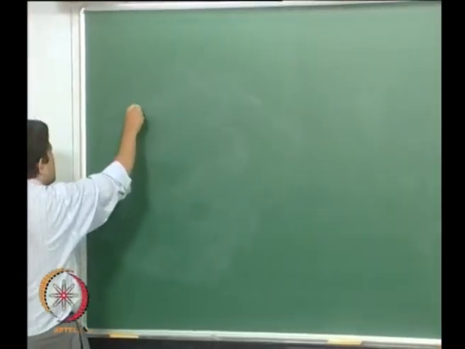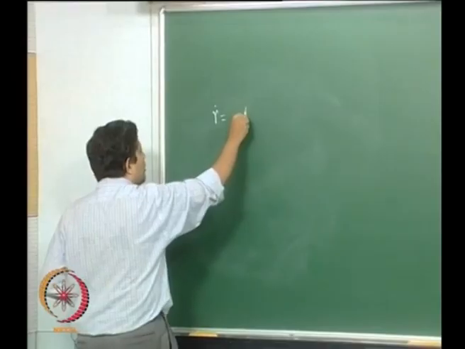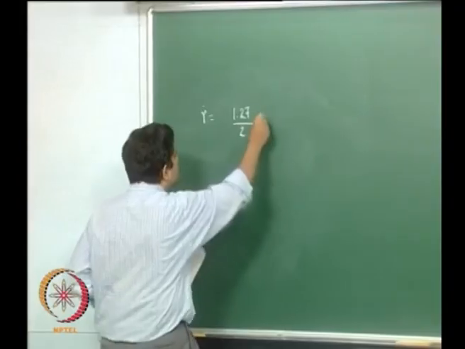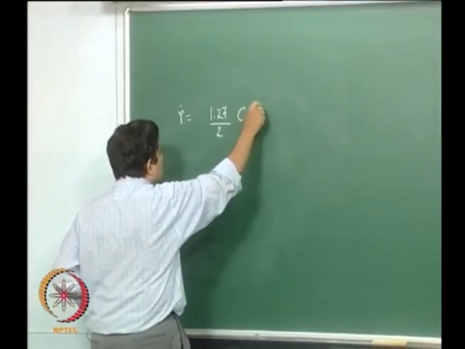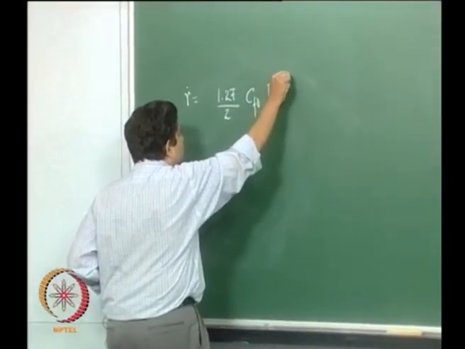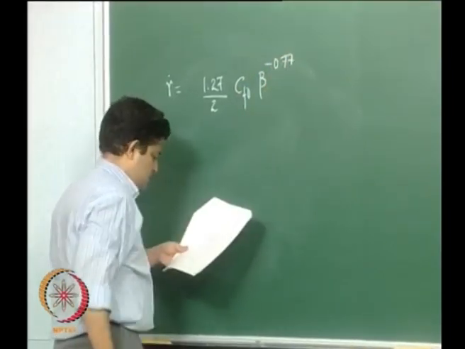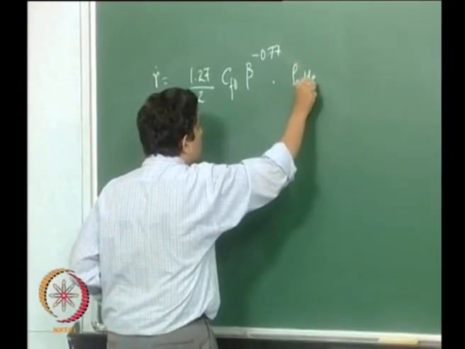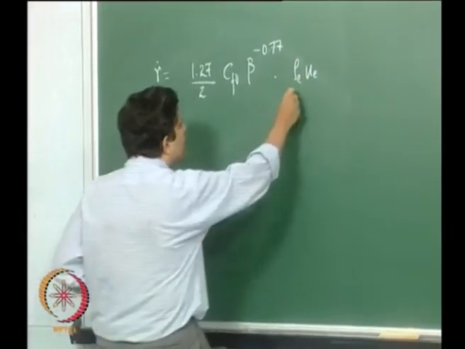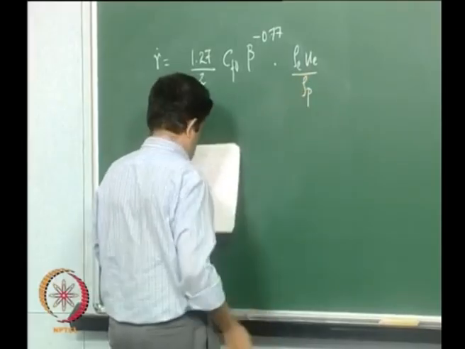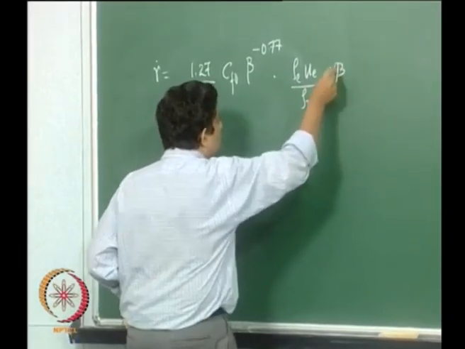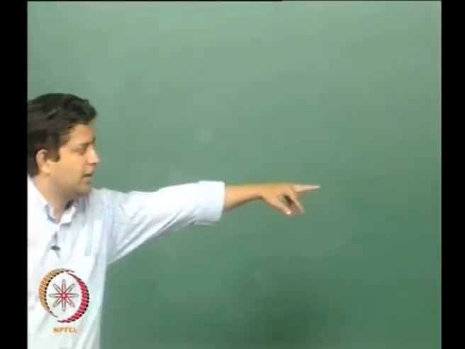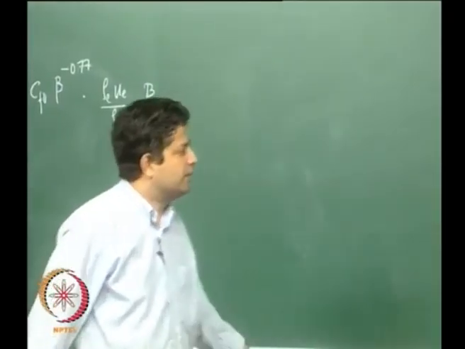So r dot is equal to 1.27 by 2 into Cf naught into beta to the power of 0.77 into rho e ue by rho p into beta. Fine, because we know that delta h by hv is nothing but beta.